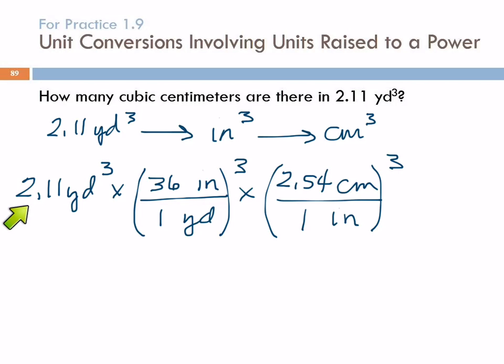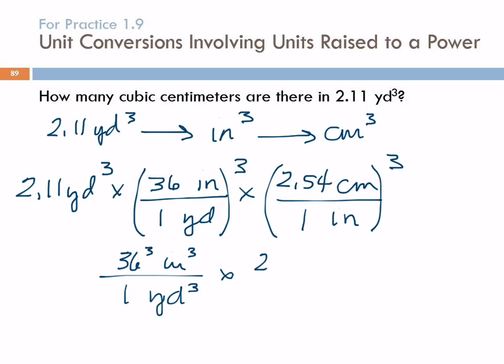Do not cube the 2.11. People get carried away and do that. This is 2.11 cubic yards. We don't need to cube that. But 1 yard equals 36 inches, and if we cube that, we have to cube everything in there. Some people might find it helpful to write it out in more detail, perhaps writing 36 cubed inches cubed over 1 yard cubed.